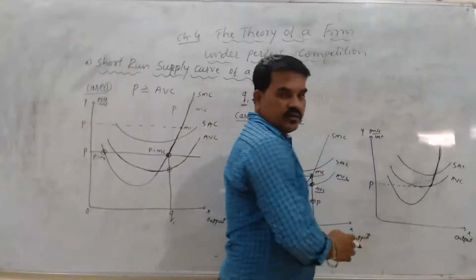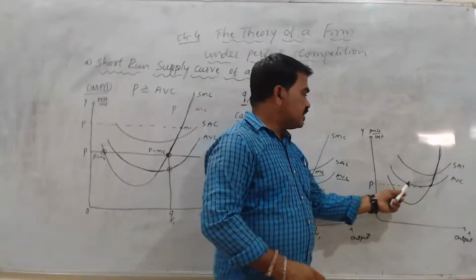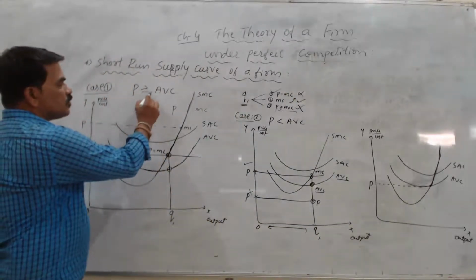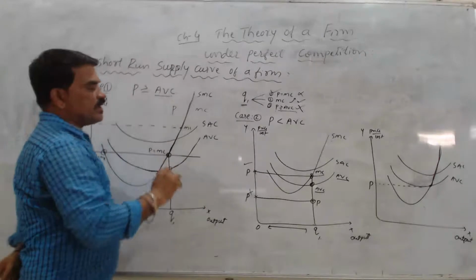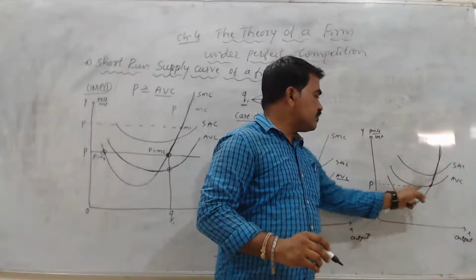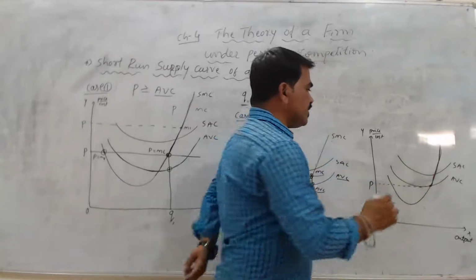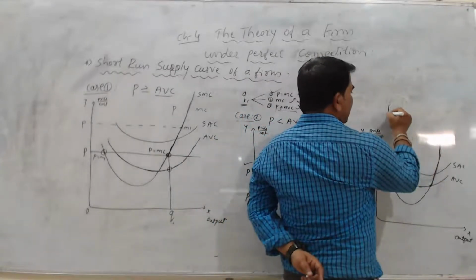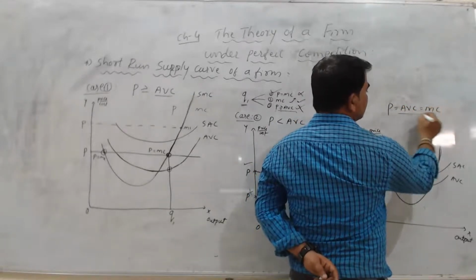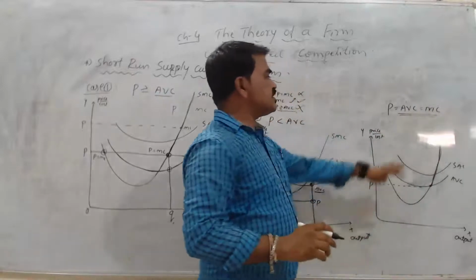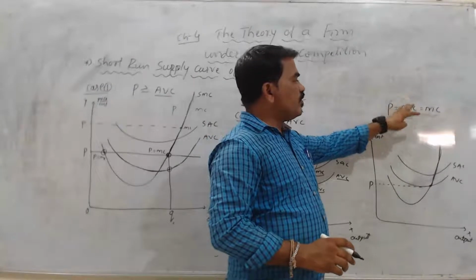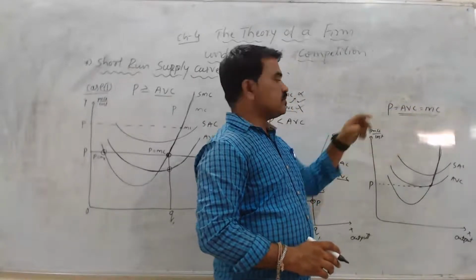Above this point, we need price greater than or equal to average variable cost. Here the price is equal to average variable cost. So when price is equal to average variable cost and marginal cost, that is the situation at this point, and above it we will supply the goods.